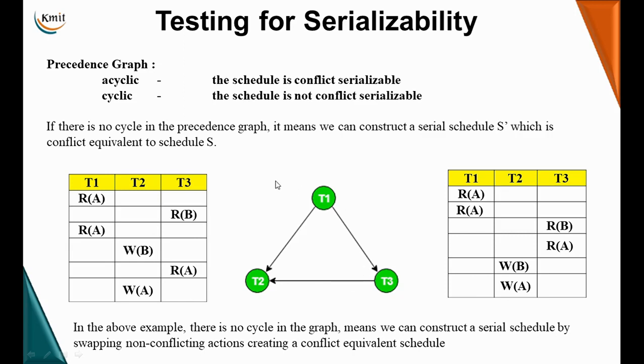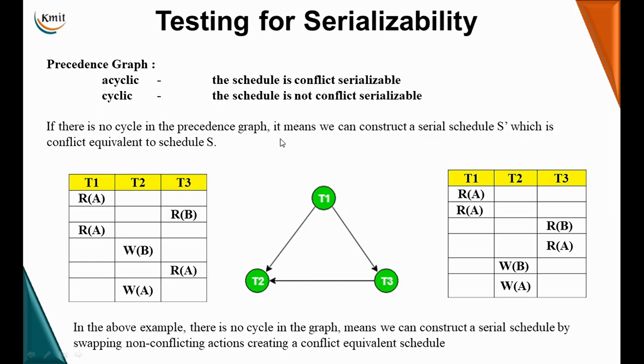Whereas, if there are no loops, then it is conflict serializable. So, if the precedence graph is acyclic, the schedule is conflict serializable. That means there is a possibility of converting it into a serial schedule by interchanging or swapping the non-conflicting actions.